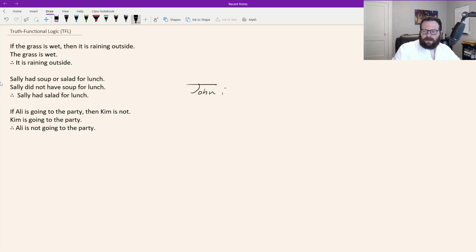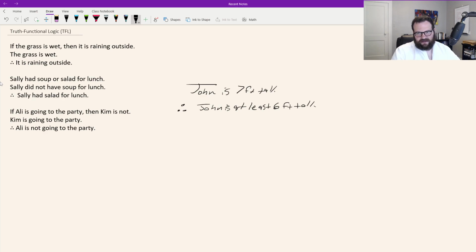John is 7 feet tall. Okay, John is 7 feet tall. Conclusion: John is at least 6 feet tall.